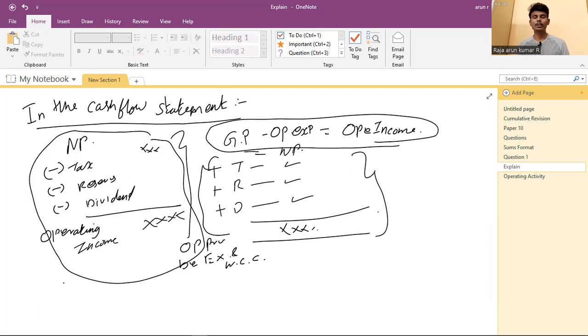Then only we exclude the non-cash items and include all the cash items in the operating activity. Then extraordinary item, like that all format we see in this.